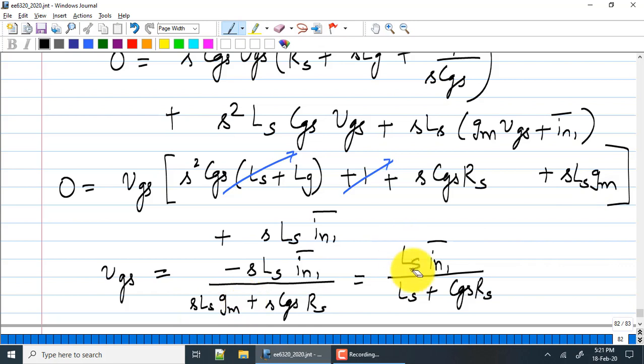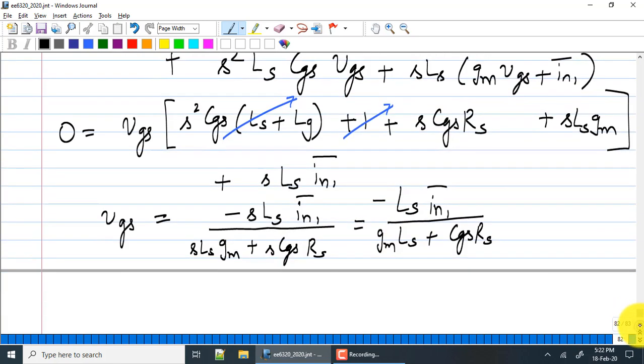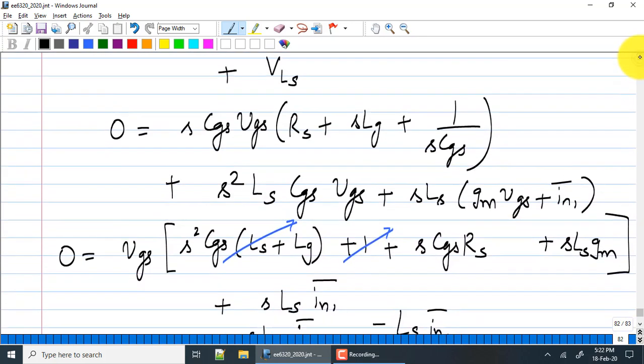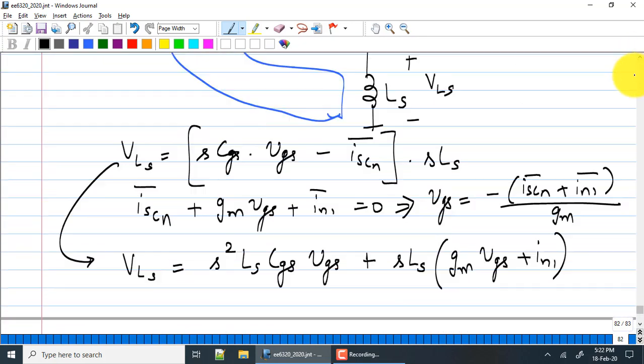So in fact now, minus LS by GM LS plus CGS RS. Okay, we'll leave it like this. So now I can go back to this equation. Remember that VGS is also minus of 1 over GM times ISCN plus IN1.